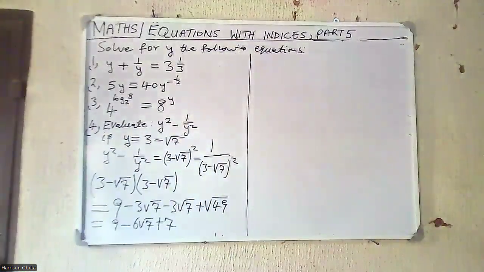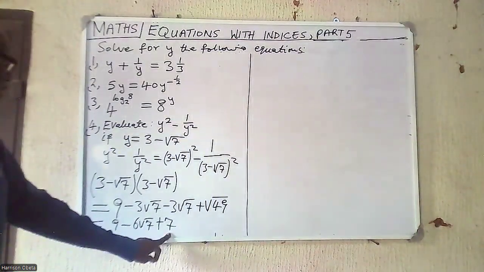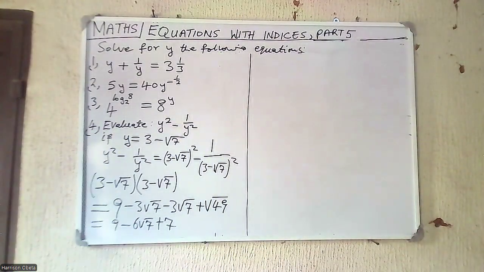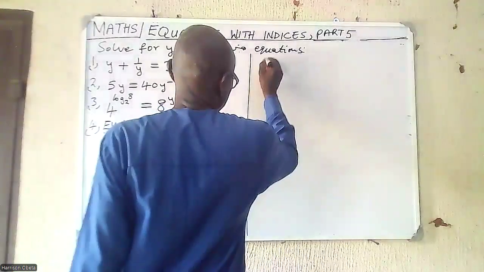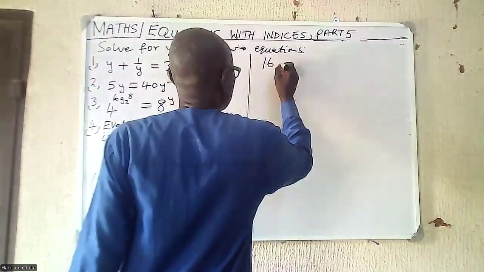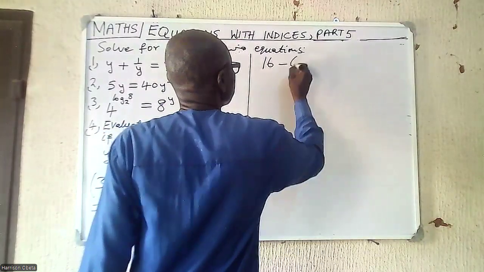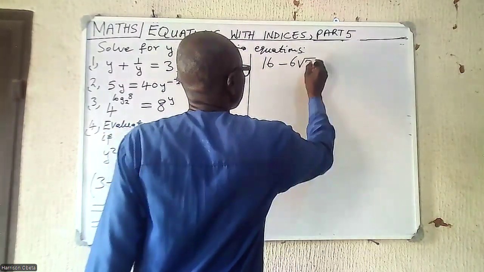So going further, 9 plus 7 is 16, so we have 16 minus 6 root 7.